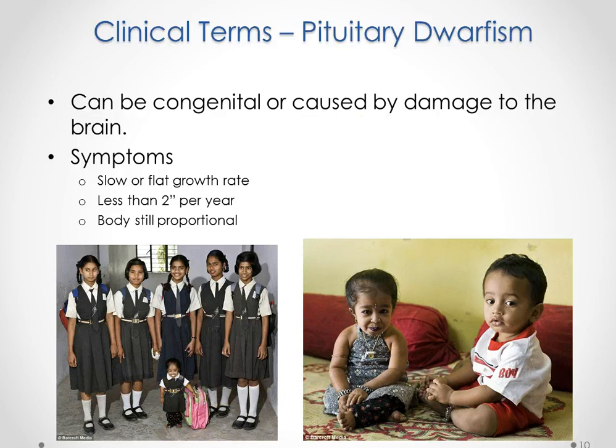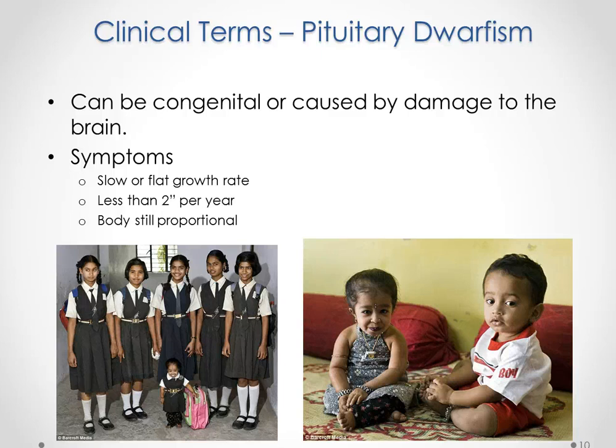Now, if caught early enough, if you look at blood tests for growth factors, insulin-like growth factors, and notice that they are lower than normal, an individual can go through growth hormone replacement therapy to get the amounts of the growth hormone that they need to grow at a normal rate.